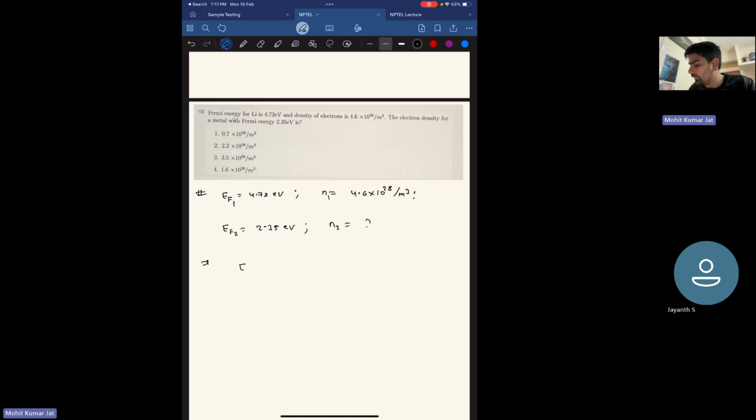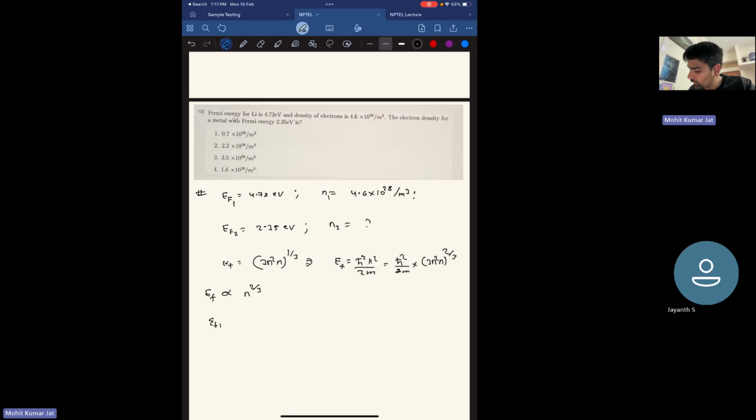We know that EF is proportional to N to the power 2 by 3. I don't know whether you know it or not. This is something which I derived in the class, N to the power 1 by 3. If I take E as h bar square k square by 2m, this will be h bar square by 2m times 3 pi square n to the power 2 by 3, telling me that EF is proportional to the n to the power 2 by 3.